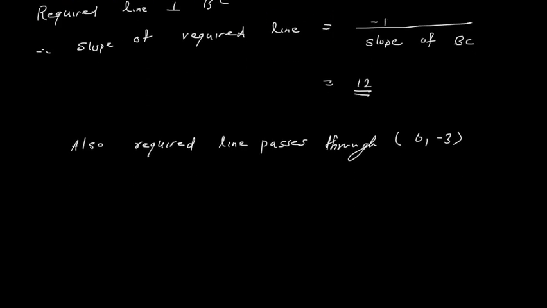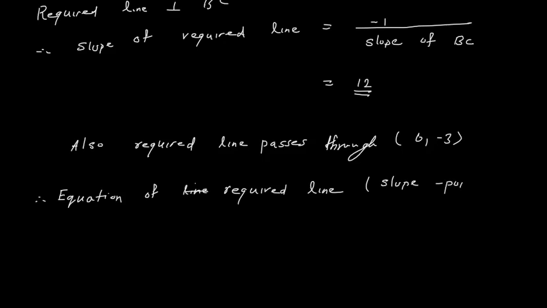Therefore equation of required line, it is in the form of what? Slope point form. I have slope, I have point.